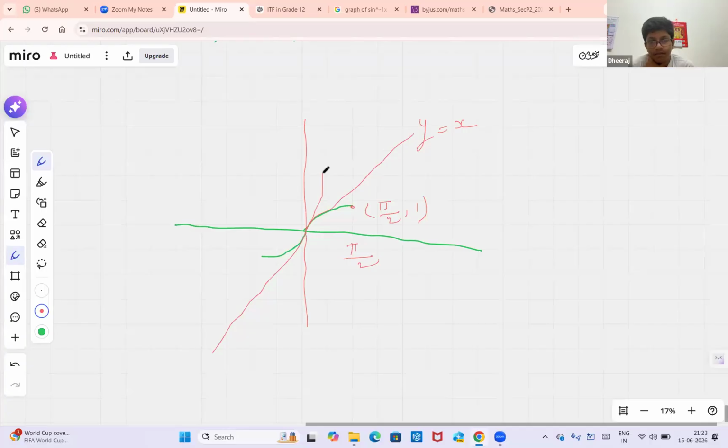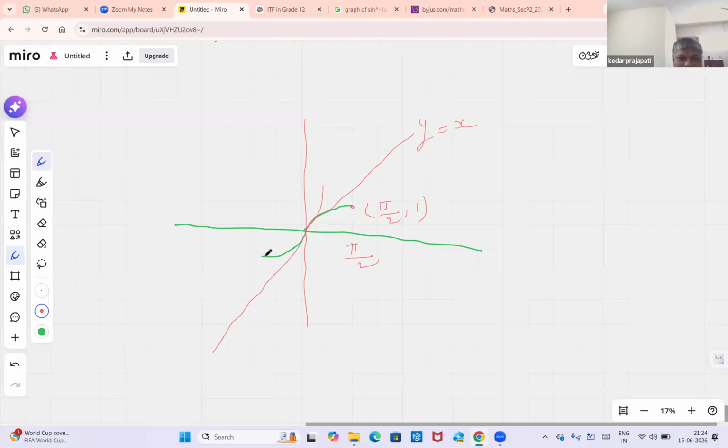Yes. Not that big since it is 1, right? And this is pi by 2. So this will be something like this.